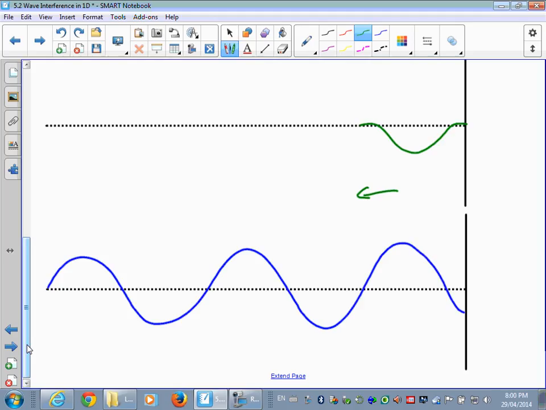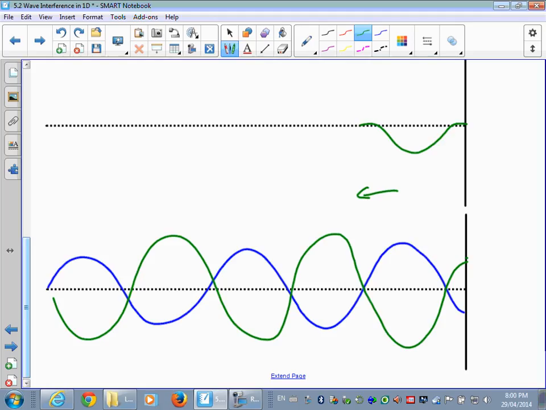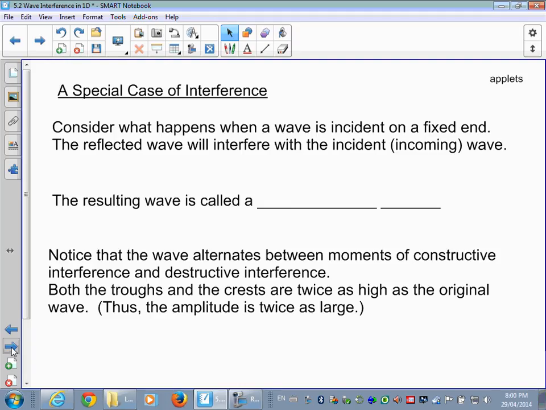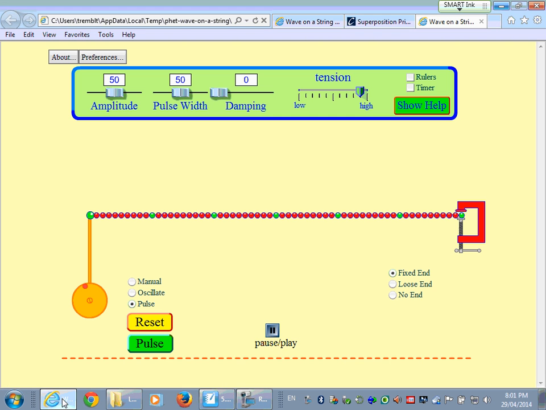It comes back flipped over. So it's going to come back a little bit like this. And you might think, well, we're going to get destructive interference. And sometimes we do, but at other times we don't. So when the reflected wave interferes with the incoming wave, let's see what we end up getting here.